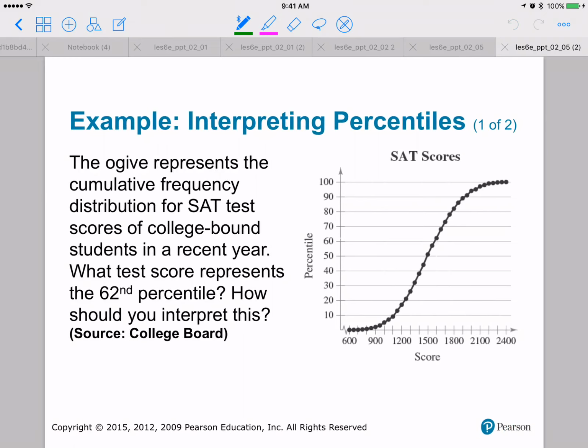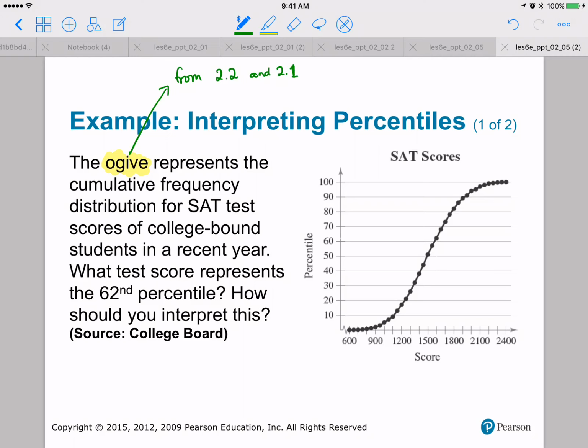All right, so let's look at this example here, interpreting percentiles. The ogive represents, now if you don't remember what an ogive is, go back and look at section 2.2. So this is from 2.2, and I'll just put 2.1 because they kind of go together.